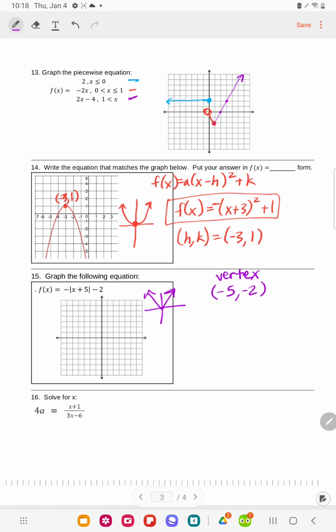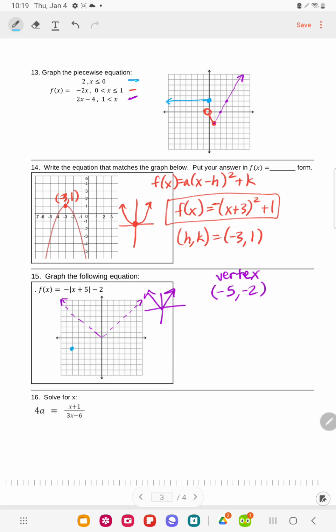So originally it looks something like, let me draw the original graph. Let's use dotted lines in this case to show the original function. But I want to do the transformation function, so I'm going to move 5 units to the left, 1, 2, 3, 4, 5, and then 2 units down, 1, 2.